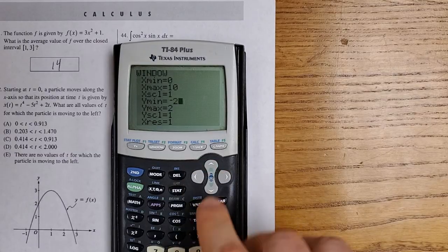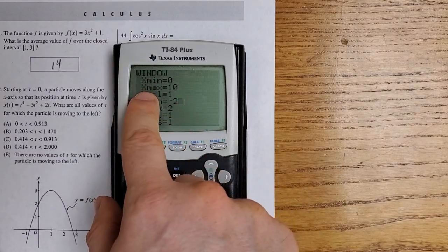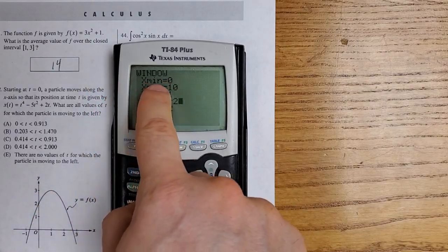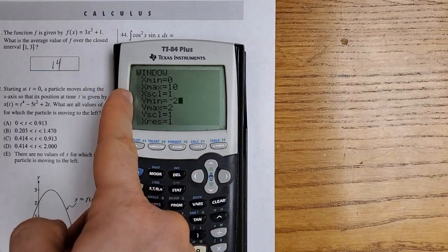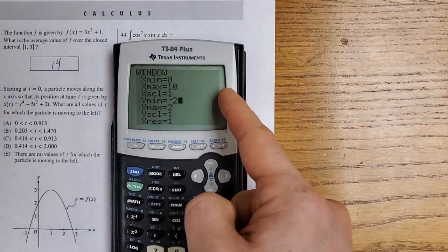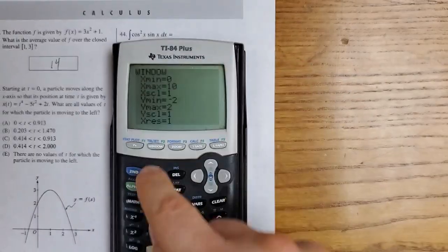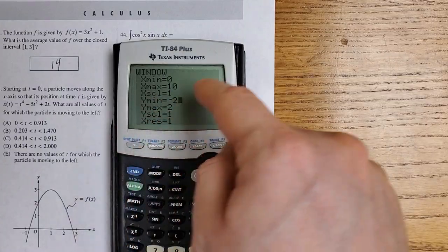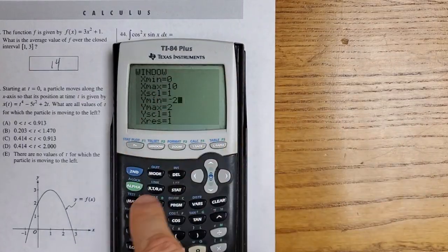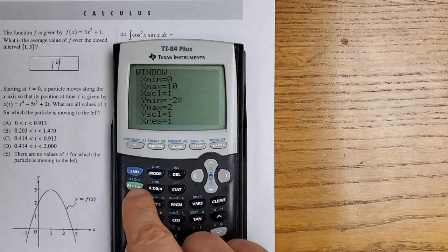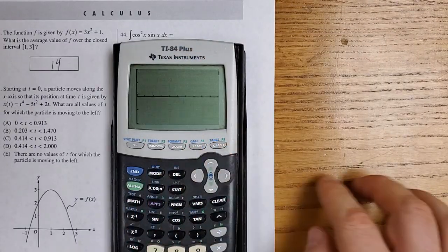So the window settings: X min is the number that's going to be over here. X max is what's over here. Y min is down here. Y max is up here. And then the scales just control the little tick marks as it goes along. So we're just tightening in the window, and go back to the graph.